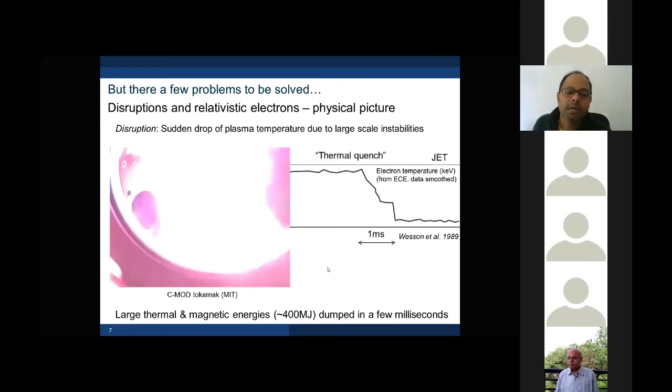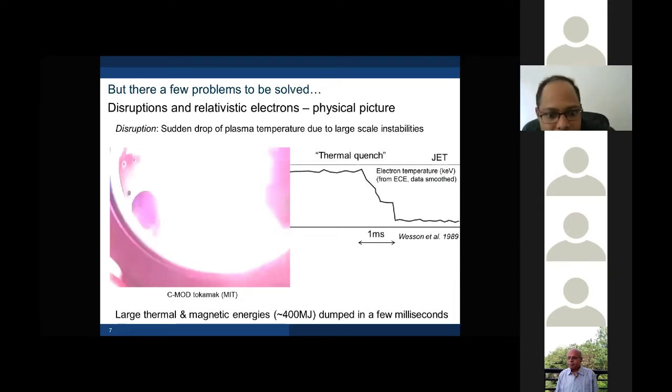And when the plasma current decays, this means that the poloidal magnetic energy is also decaying, and this happening so fast is going to create an induction effect on the conducting structures surrounding the plasma, and these currents in the surrounding structures are going to cause forces on them.